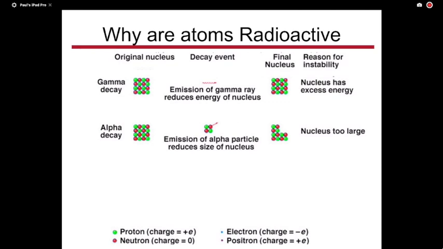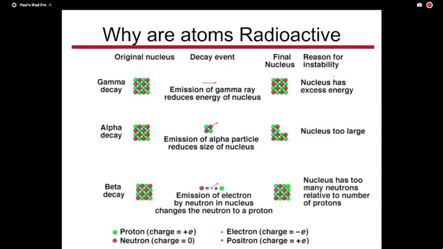Now here's the weird one. The beta decay. Where does the negative thing come from? All right, this is a wonderful slide for a green-red colorblind professor. Okay? All right, the red one is a neutron. Okay, that's neutral, right? And the neutron is going to throw away a tiny little speck of negative charge.